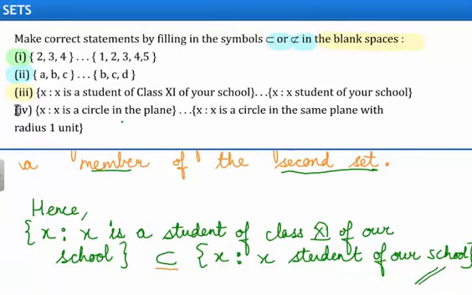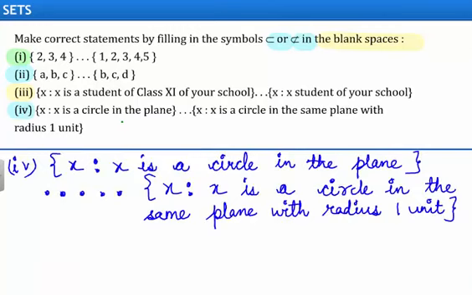Now, let us consider the fourth part of the given question. The first set is X such that X is a circle in the plane, and the second set which is given to us says X such that X is a circle in the same plane with radius 1 unit. The first set contains all the circles in a particular plane with different radii, and the second set contains circles in that particular plane with radius 1 unit.